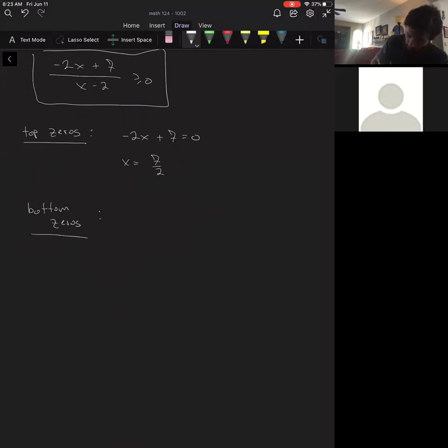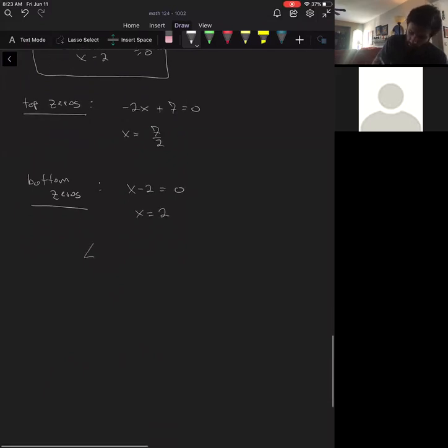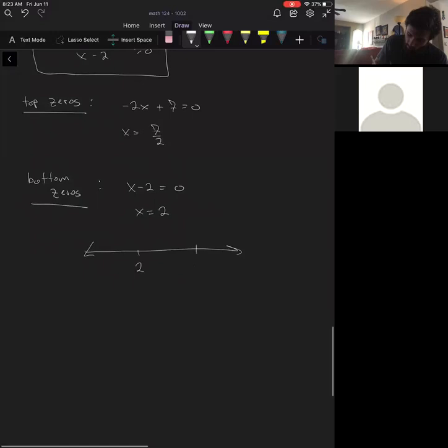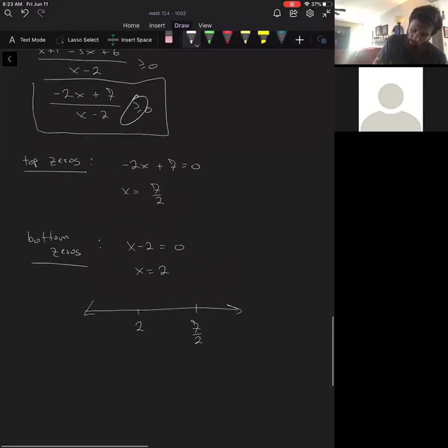So we have x minus 2 is equal to 0. So then we get x is equal to 2. So here are our two zeros. Put this onto a number line. We have 2, 7 over 2. And in this situation, we have the or equal to sign, so our top zero gets a closed circle.